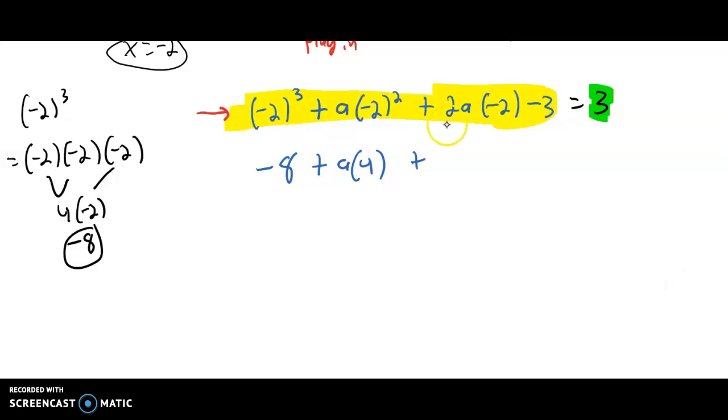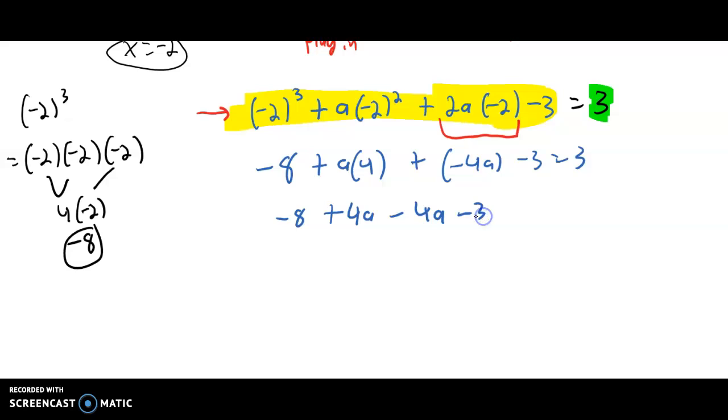Right here, we're looking at this unit. So it's 2a times -2, which is negative 4a. Minus 3 equals 3. Okay? Negative 8, plus 4a, minus 4a, minus 3 equals 3.